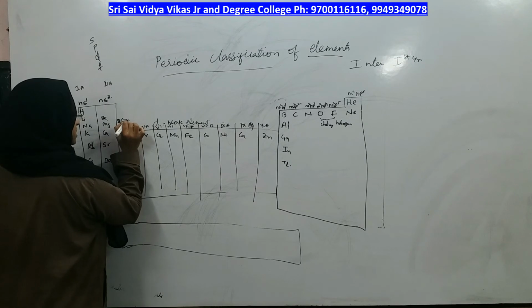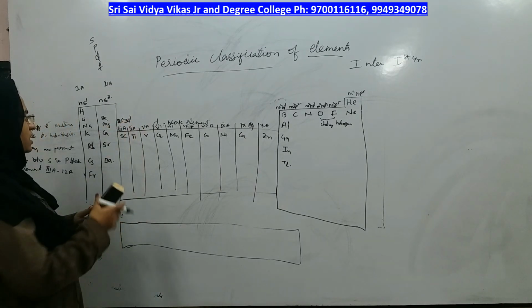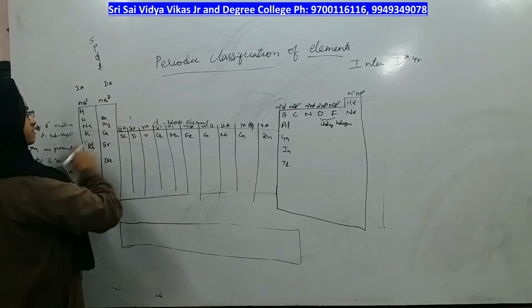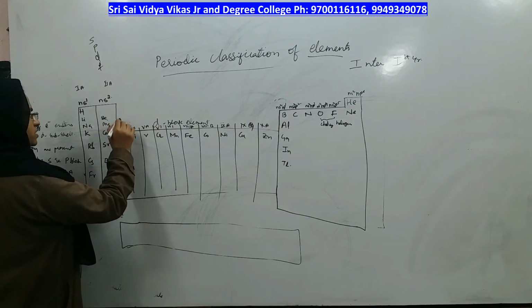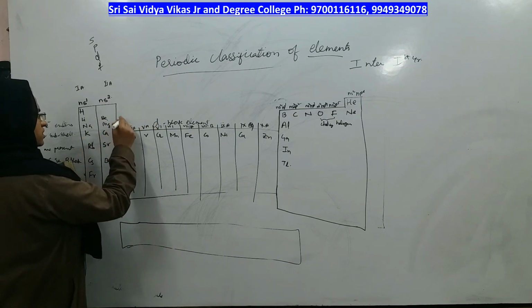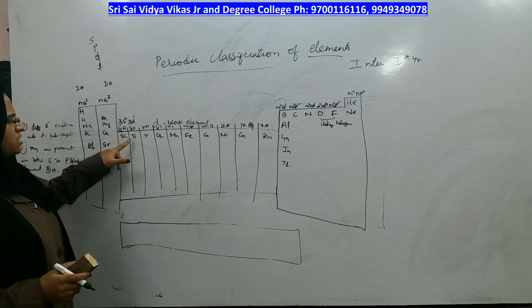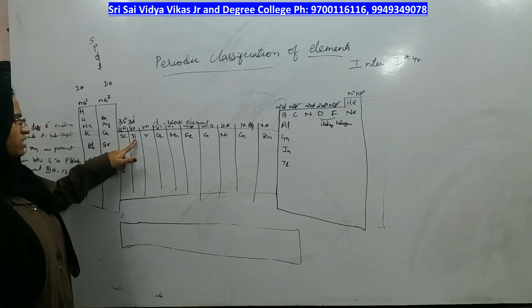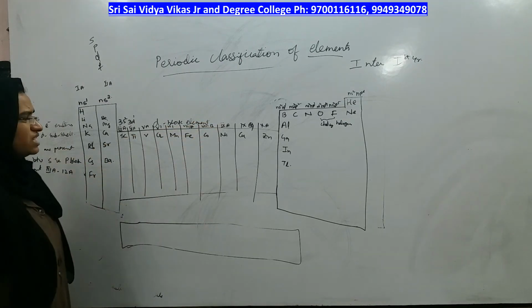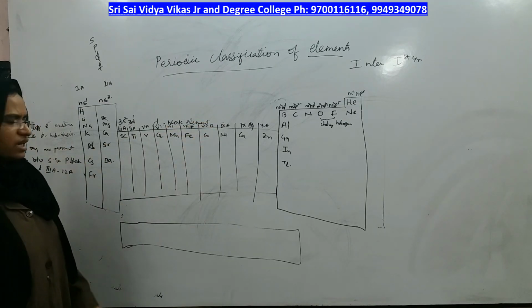Sorry, 3s2, 3d1 is for scandium, 3s2, 3d2 is for titanium, 3d3, 3d4, 3d5, and the same continues till 3d10.